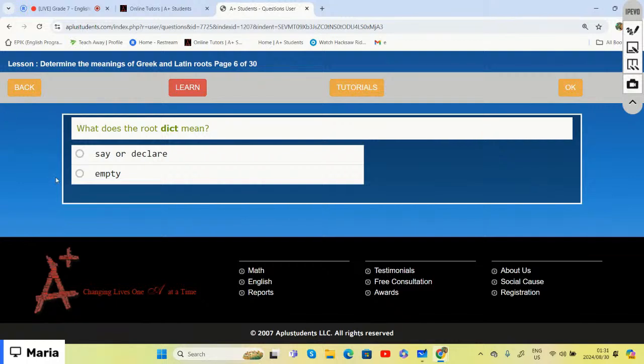All right, the last one, there we go on to the last lesson. It says, what does the root dict mean?